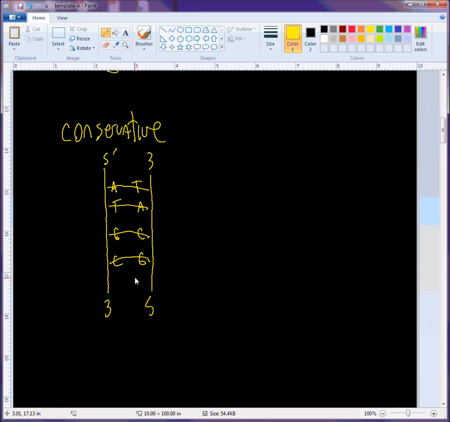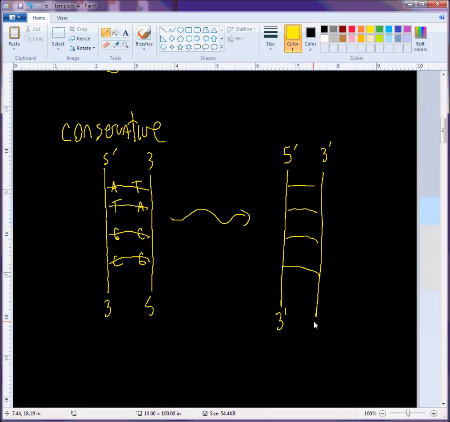We're starting with this, and for conservative replication, if this DNA is replicated conservatively, the two DNA molecules that are produced would be composed of either all old strands or all new strands. So here we go, the DNA was replicated, and at the completion of replication, when we look at those DNA molecules, we have one that's all old DNA and one that's all new DNA.